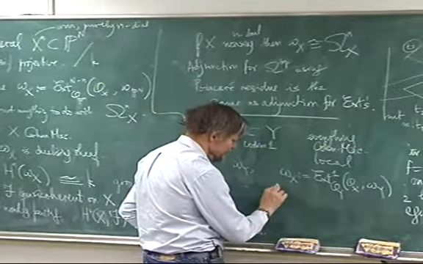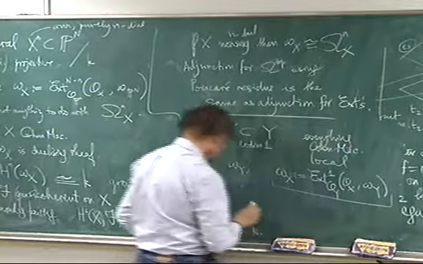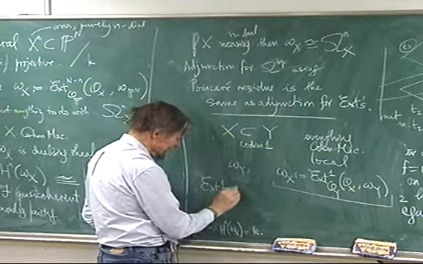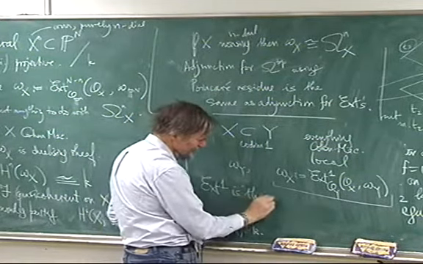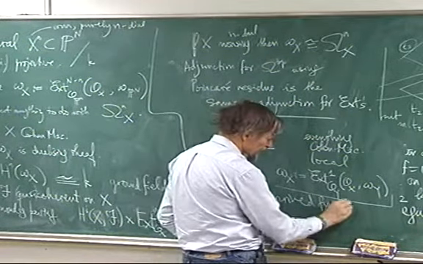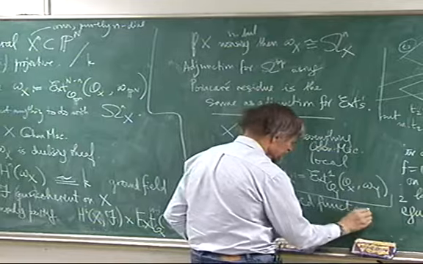So let's just understand what this is. Ext^1 is the derived functor of Hom.